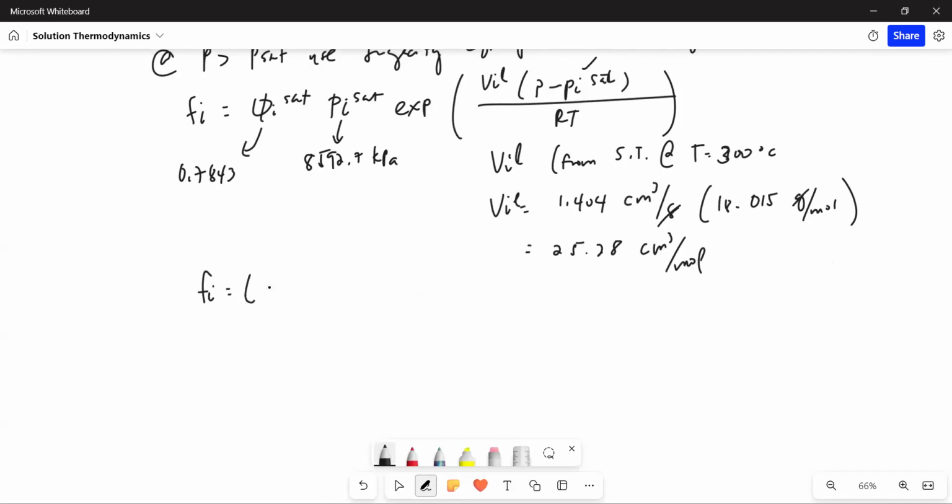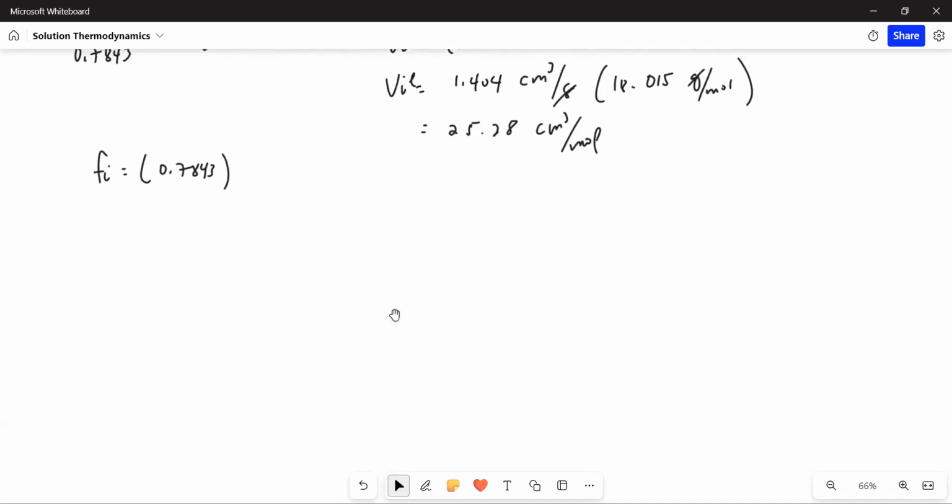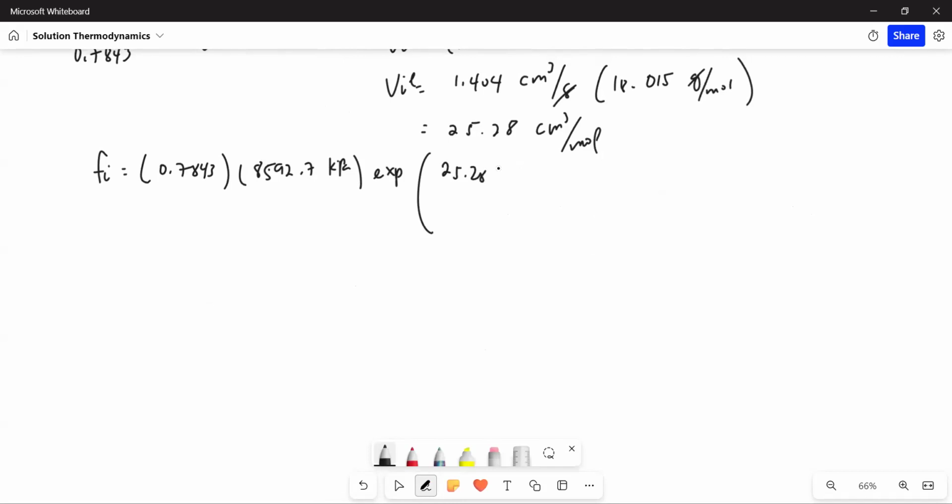So phi is 0.7843 times 8592.7 kilopascals times the exponent of 25.28 cm cube per mole times 10,000, our given pressure, minus 8592.7.